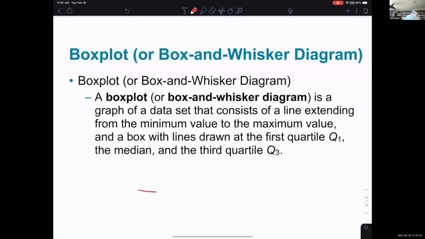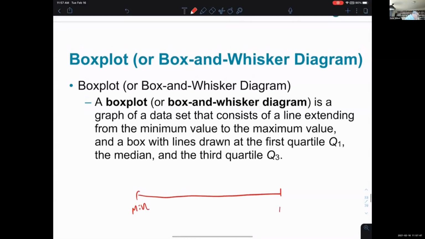So let's say you had here a line, and down here you had the min, and up here you had the max, whatever those were. And the box with lines drawn at the first quartile and the median and the third quartile. So let's say Q1 is here for my picture.